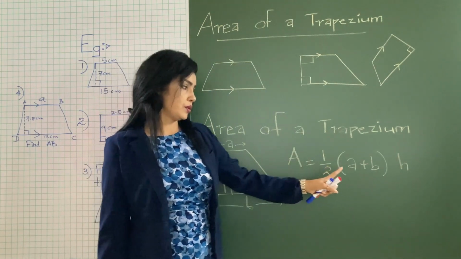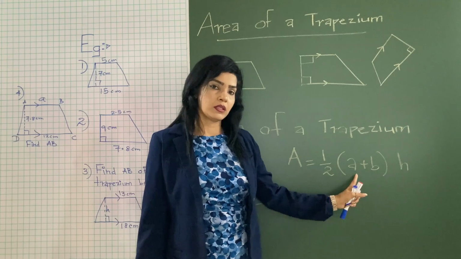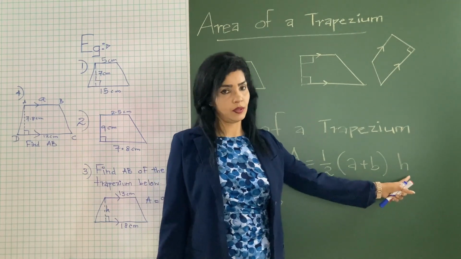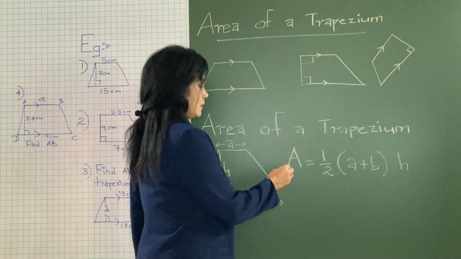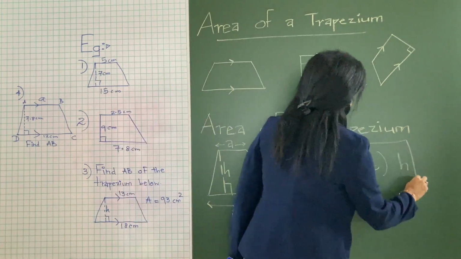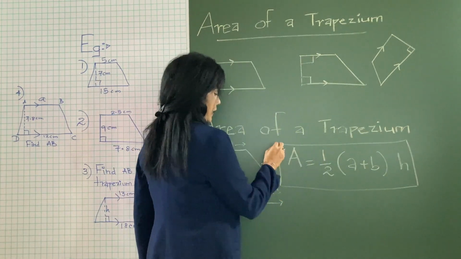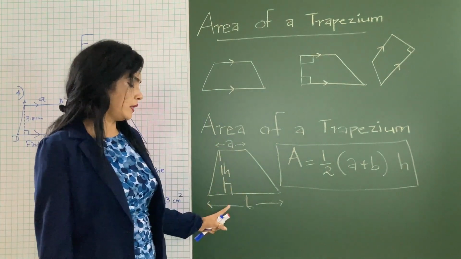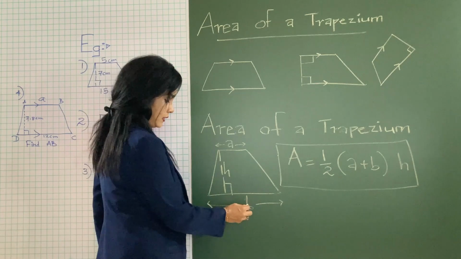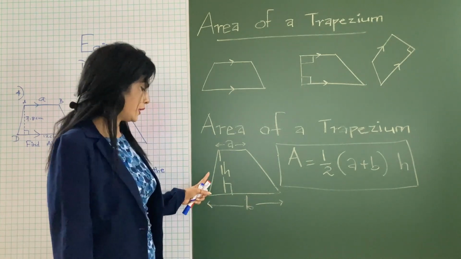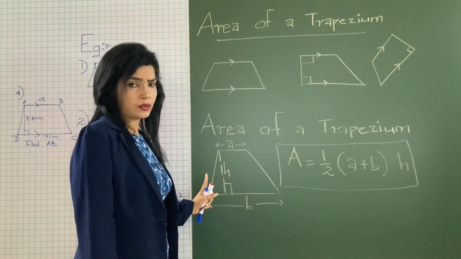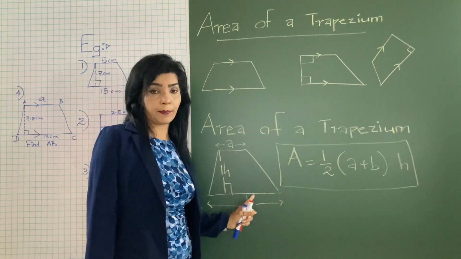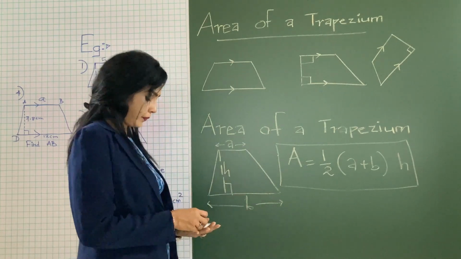So half into sum of two parallel lines into the perpendicular height. This is the formula for a trapezium area. A and b are the parallel sides. Sometimes they will give the other sides also to confuse you, but you have to recognize the two parallel sides and apply those values.